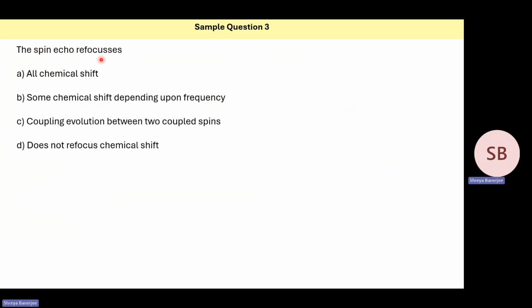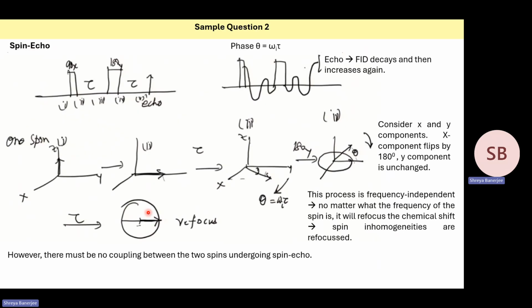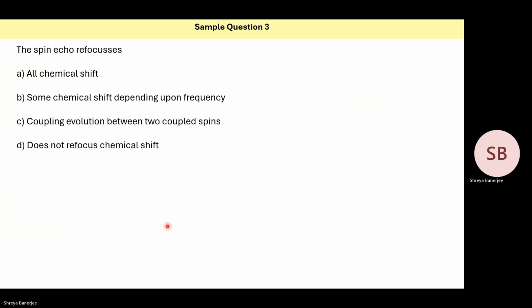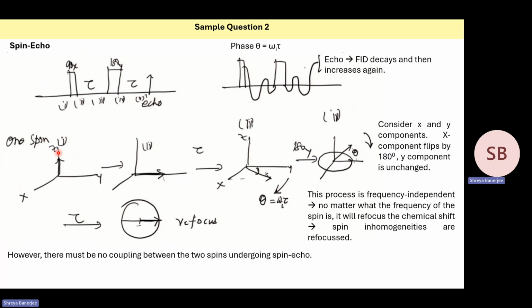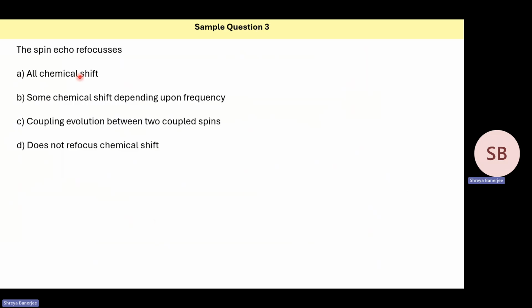Then the question is asking, the spin echo refocuses what? We have seen that the spin echo is refocusing the chemical shift. So it will refocus all chemical shifts, shown here by this arrow. So all chemical shifts will get refocused by the spin echo procedure.